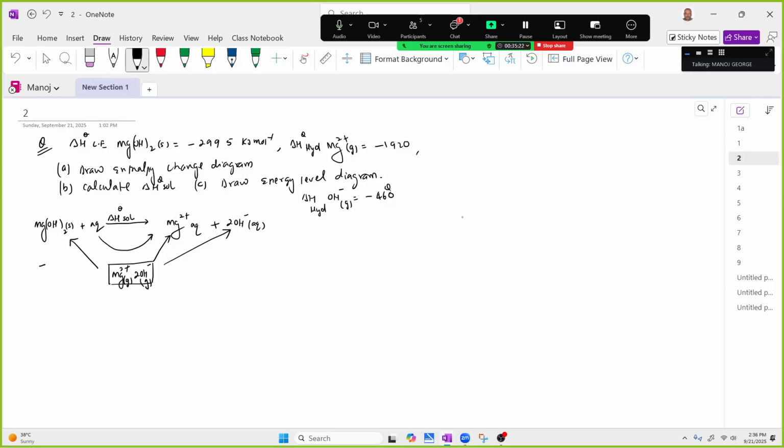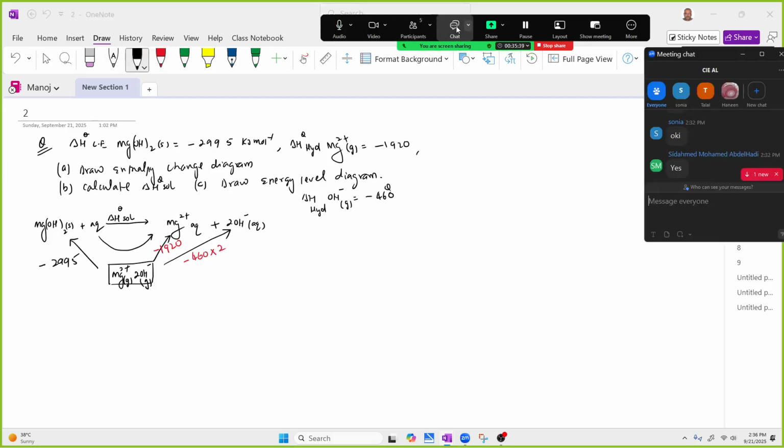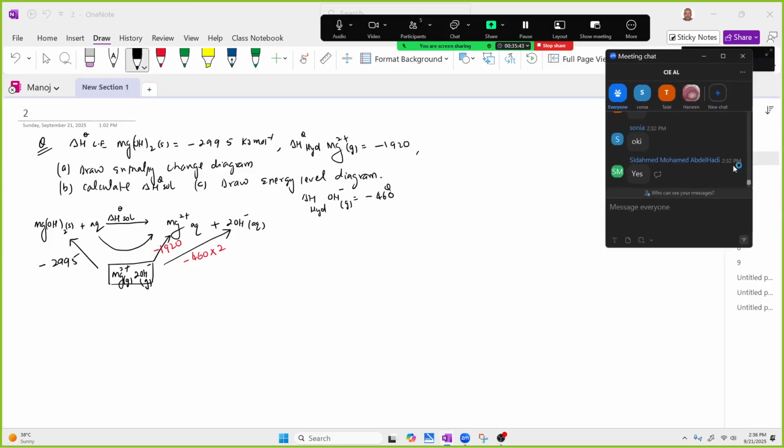So this will be minus 2995. Hydration for magnesium is minus 1920. For OH minus it is minus 460, but times 2 because there are two of them. Okay, I have some answer coming up. Okay, Sonia.